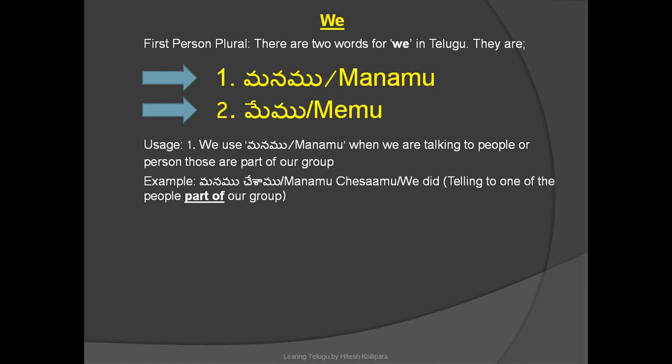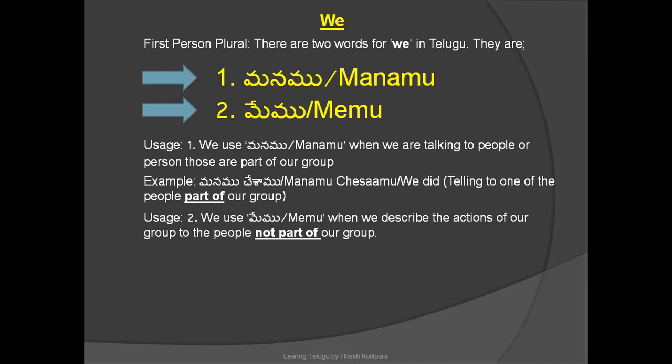Then what about memu? The answer is very simple. It is quite opposite to manamu. Let us see the usage. We use memu when we describe the actions of our group to the people not part of our group.